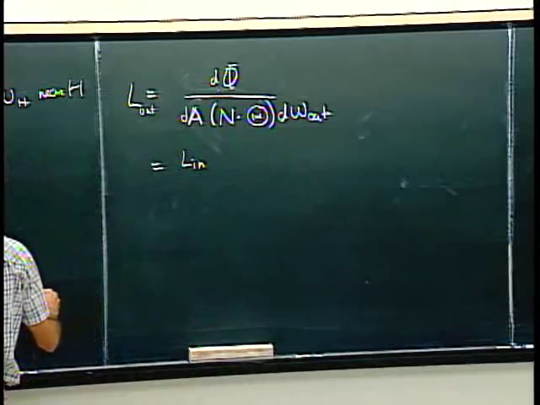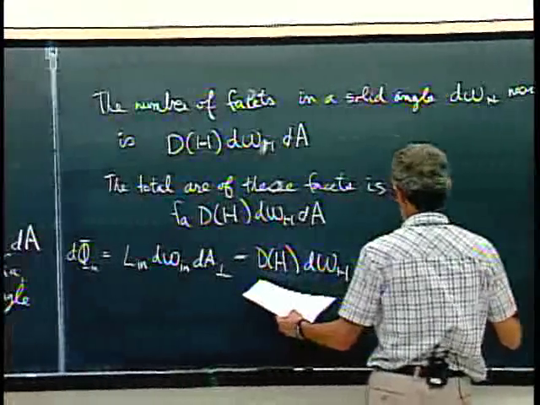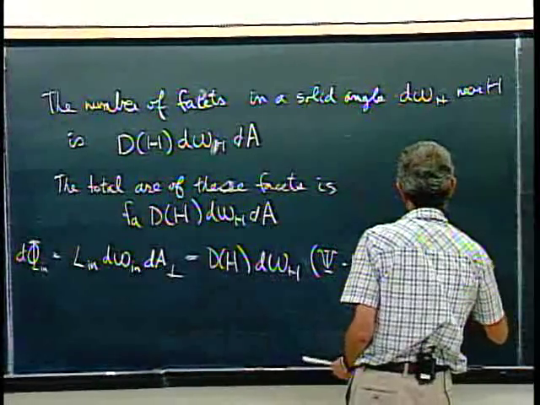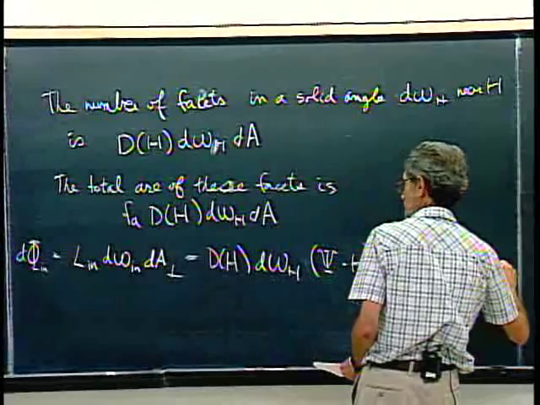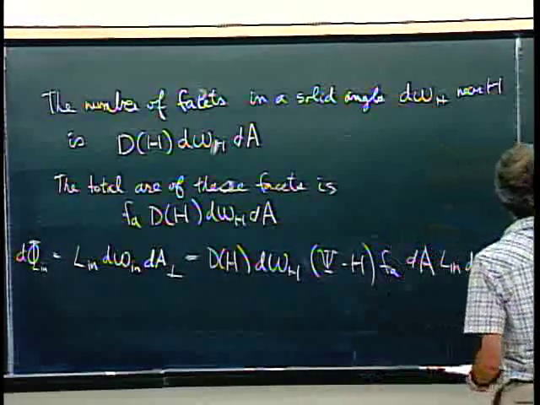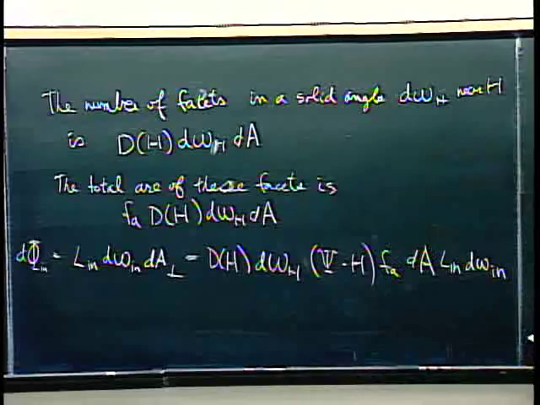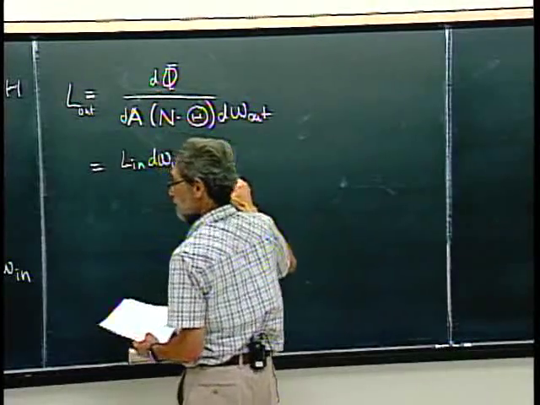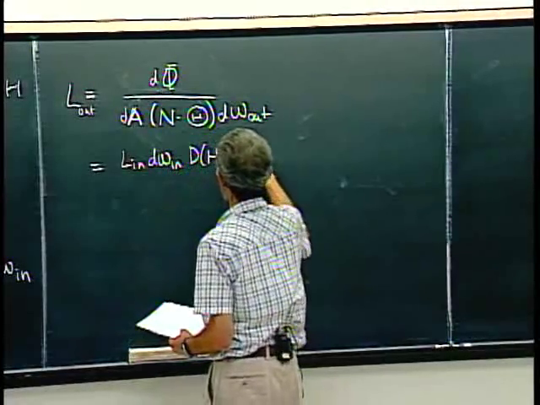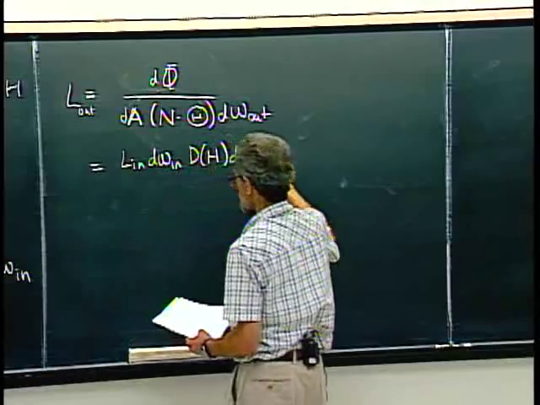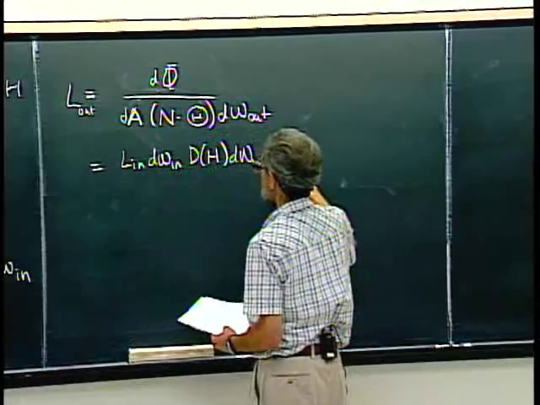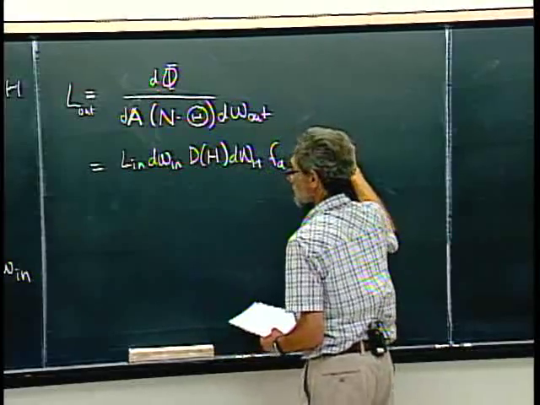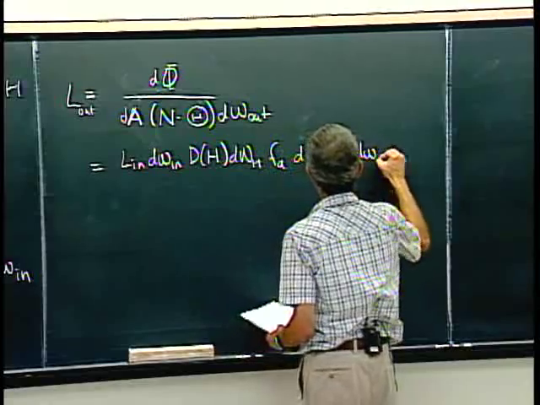I had the dA perpendicular of the facets, which was this much, and I still need my L in d omega in. So I have L in d omega in times the facet density, times the solid angle of the facets, times the area of each facet, times dA, times L in d omega in.